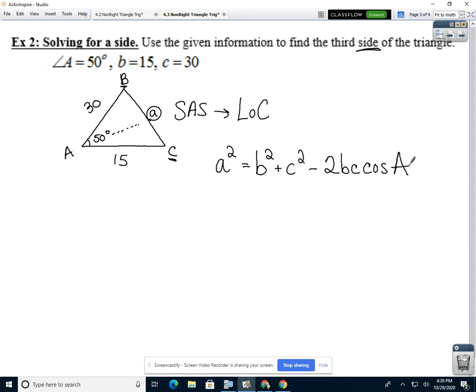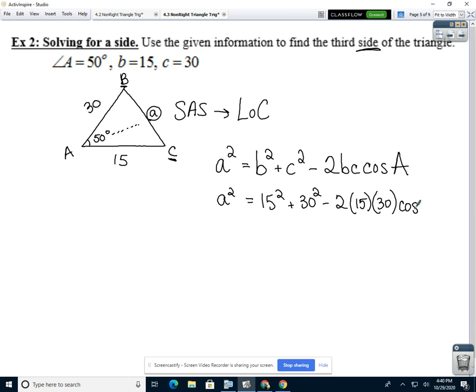We're going to leave this first part blank on the left side. A squared, we're just going to leave it there. B squared is going to be 15 squared plus 30 squared minus 2 times B times C, which is 15 times 30. And then cosine of angle A.